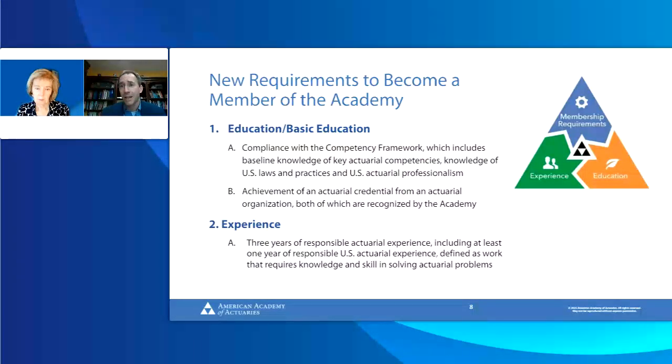And then the second category of membership requirements is experience, responsible actuarial experience. We're going to give more detail on each of these areas, but the Academy believes that not only is it important that you have the core skills developed through basic education, but also that you have the practical ability and the experience working with other actuaries in order to be able to make use of those skills for our stakeholders.